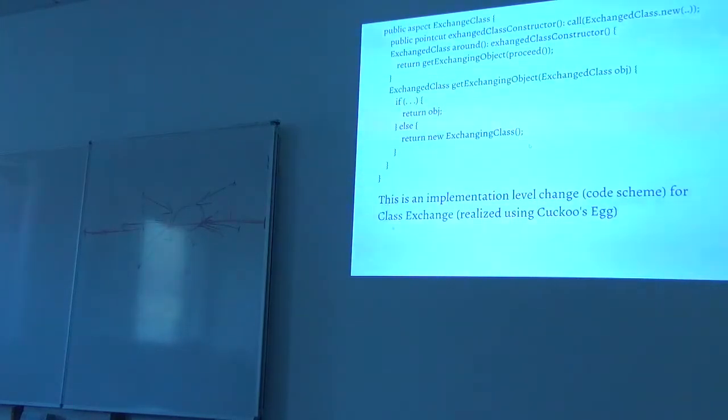So we can work with change as a programming object, and this is an approach that I've been working on some time ago, and several students contributed to this. It's called aspect-oriented change realization. There are other schemes like this. Some resemble patterns, some do not resemble patterns.